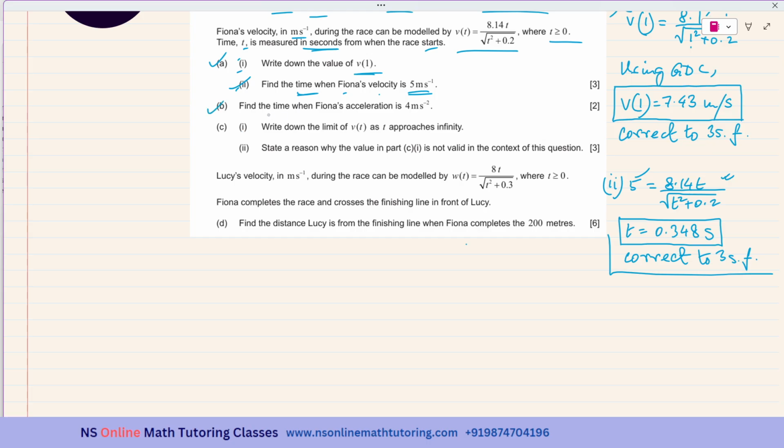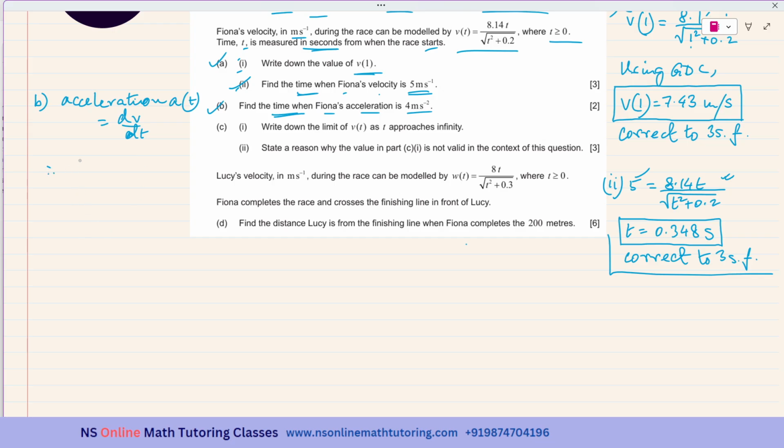Fine. Coming to subpart B. Find the time when Fiona's acceleration is 4 meters per second square. We are given the velocity expression. So the first derivative of the velocity expression will be giving us the acceleration expression. Therefore, acceleration A of t is equal to dv dt.